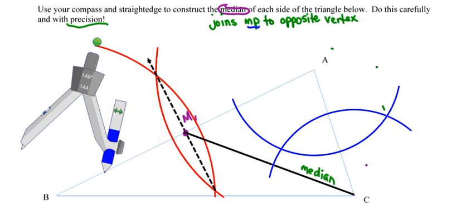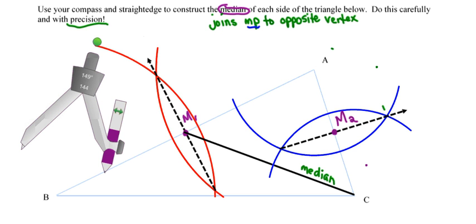I'll get my compass out of the way. Again, recall that our only purpose in constructing the perpendicular bisector is to find the midpoint. So I'm going to do that line dotted like I did the first time. And I'm going to call that point of intersection M2, for midpoint 2.